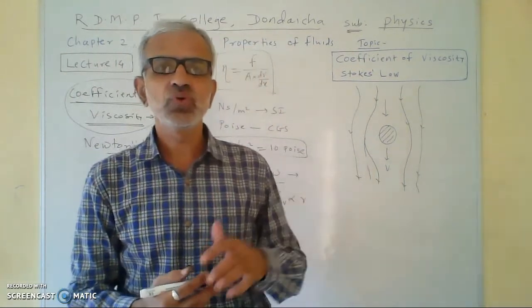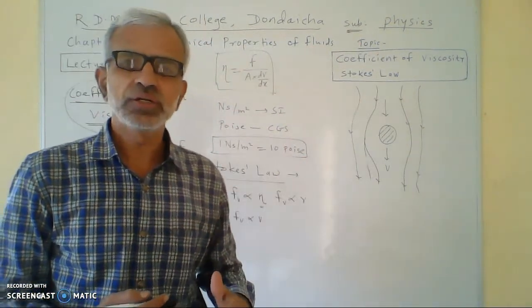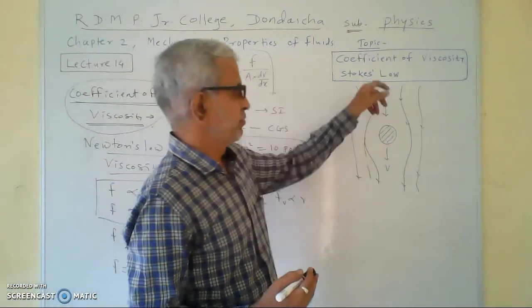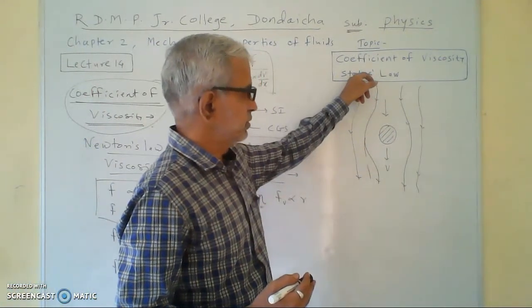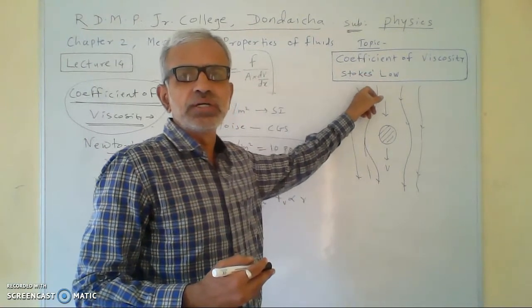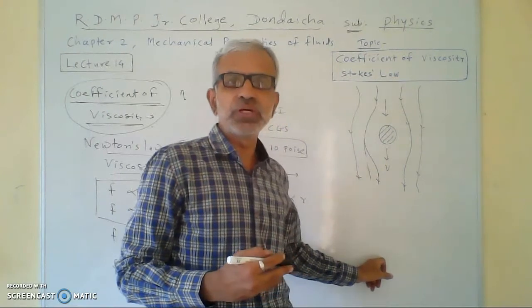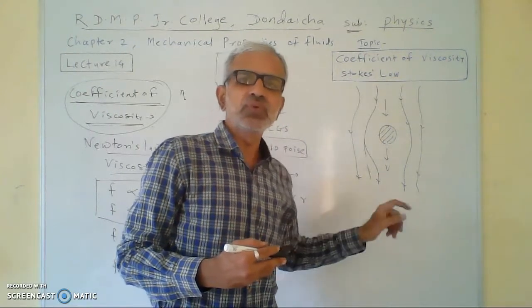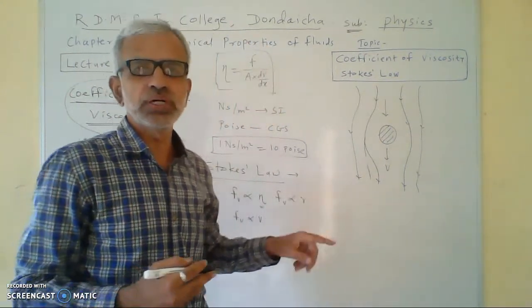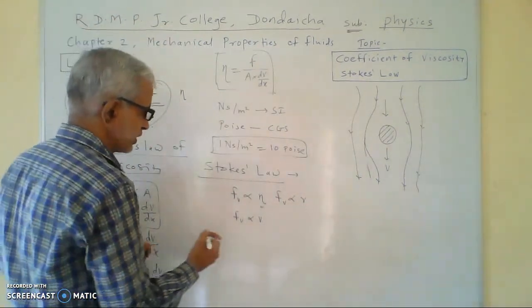The sphere is moving with the constant velocity in downward direction due to gravity. When the sphere is released or it is falling into the liquid, it moves in the liquid in downward direction with a constant velocity, and the velocity of the sphere is v, and Fv will be directly proportional to v.